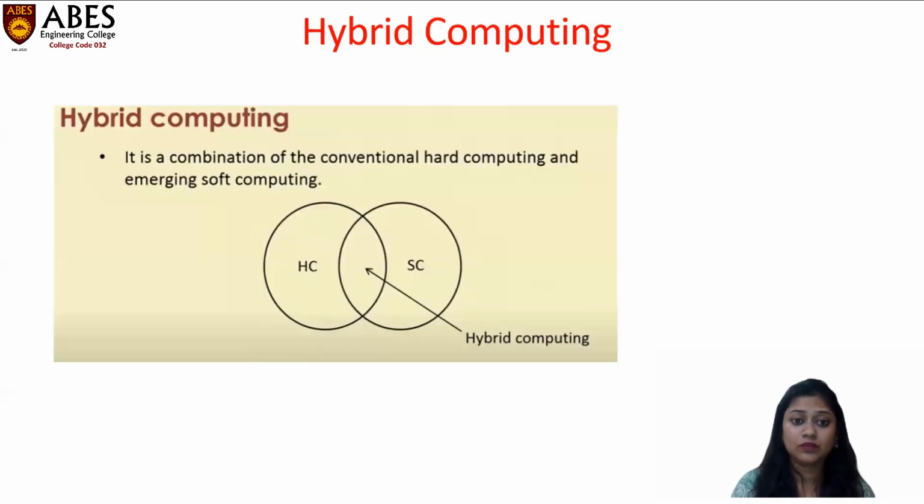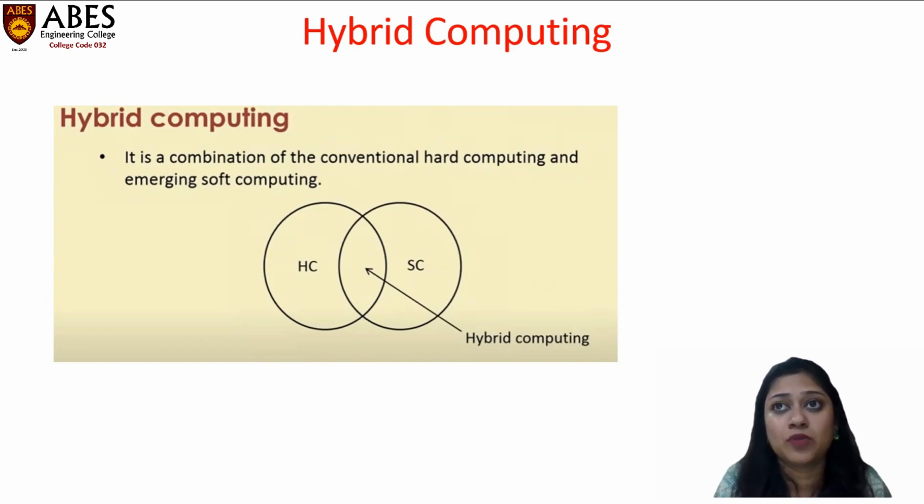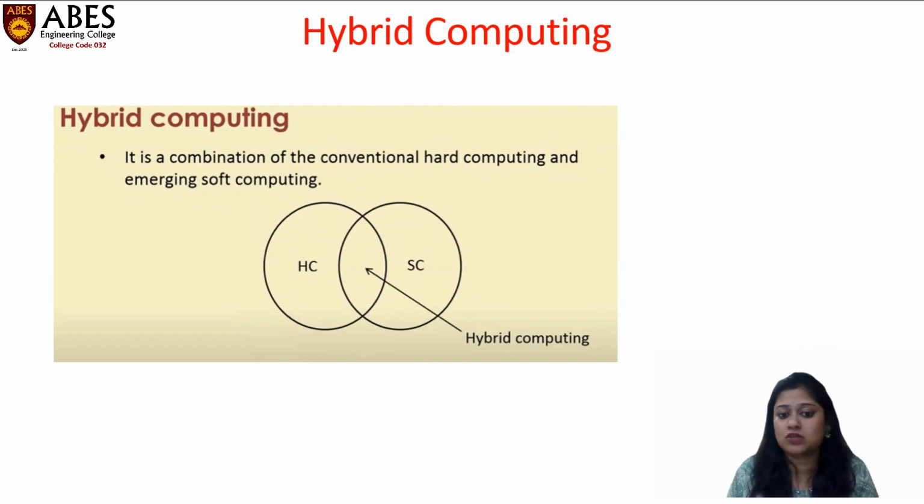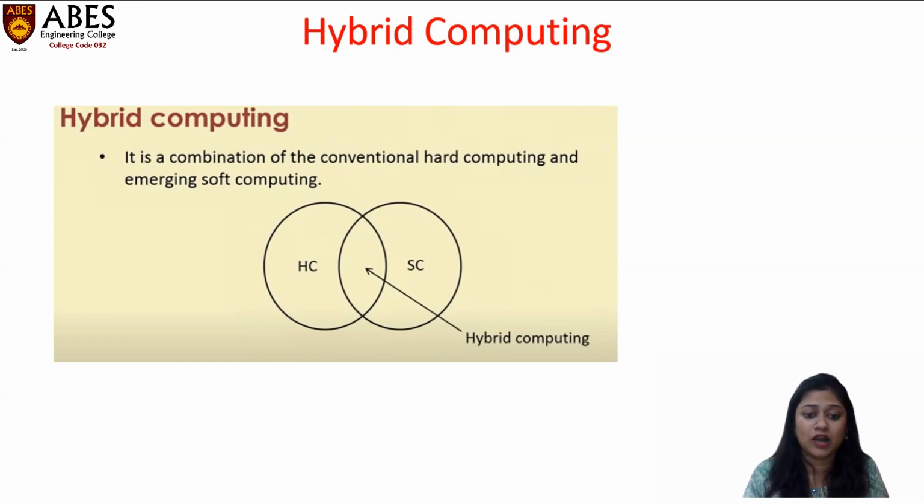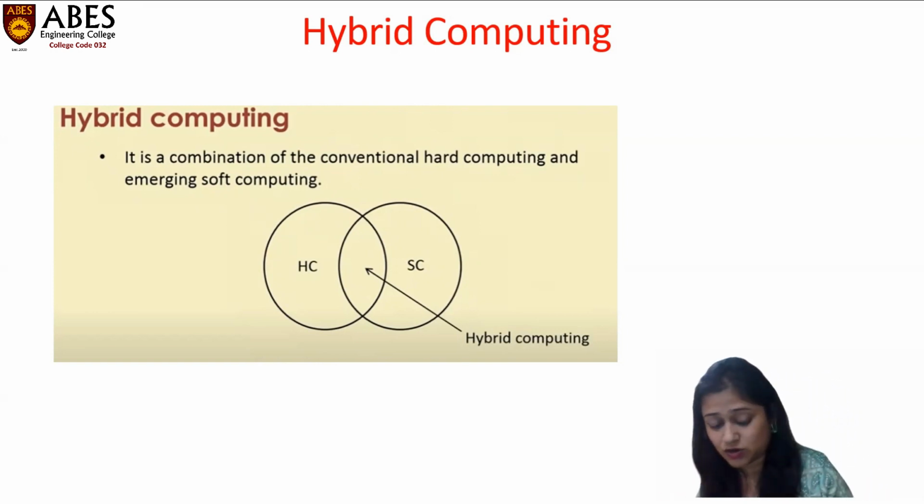Now, if I'm talking about hybrid computing, it is a combination of conventional hard computing and emerging soft computing technology. If I have a problem related to hard computing where I need a mathematical model and an answer, and I want some soft computing approaches that contain approximations, then the combination of these two sets can be represented in this diagram: on one side I have taken hard computing, on the other side soft computing.